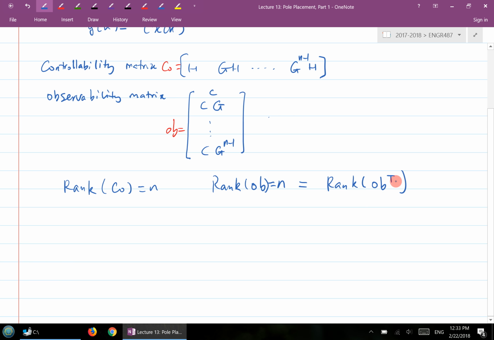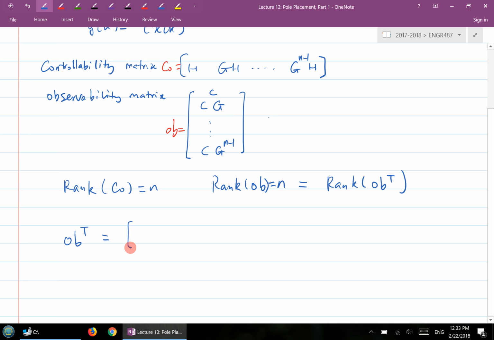So instead of looking at the rank of this matrix, you can also look at the rank of the transpose of the matrix, which will be equivalent. So what's the transpose of the matrix then? This is essentially the transpose of a column vector, right? It looks like a column format, but of course each one has a row there.